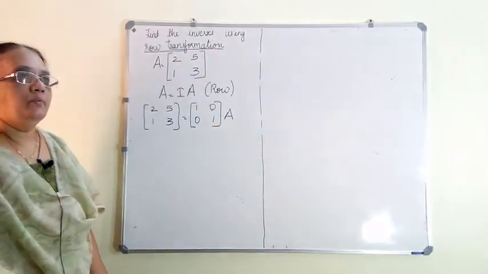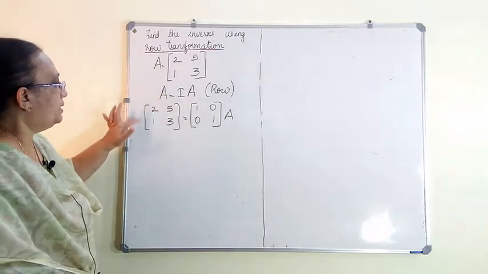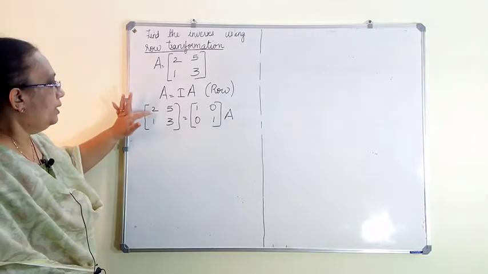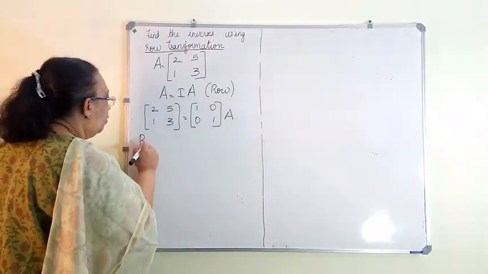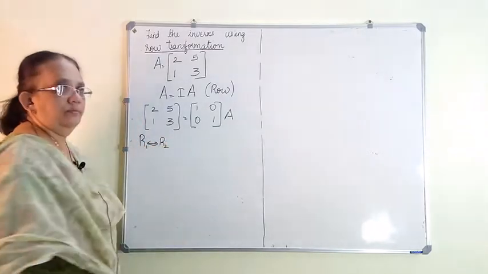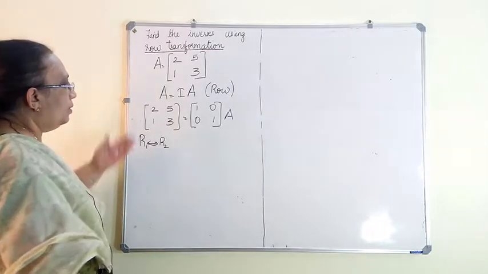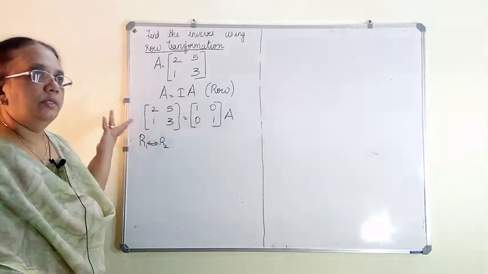Now, your aim is that this matrix should be changed into the identity matrix. So here it should be 1. So I can make a switching over here. R1 and R2 I am interchanging. Or if you want, you can take R1 divided by 2. It's up to you.